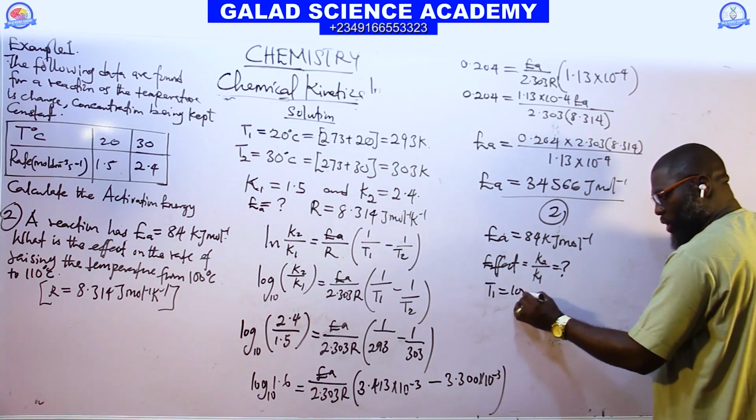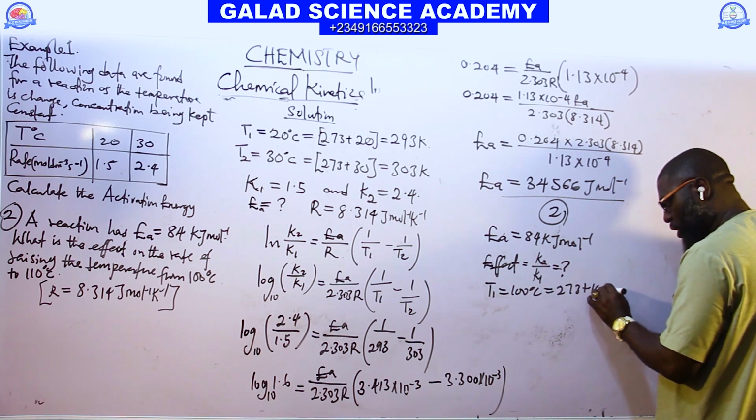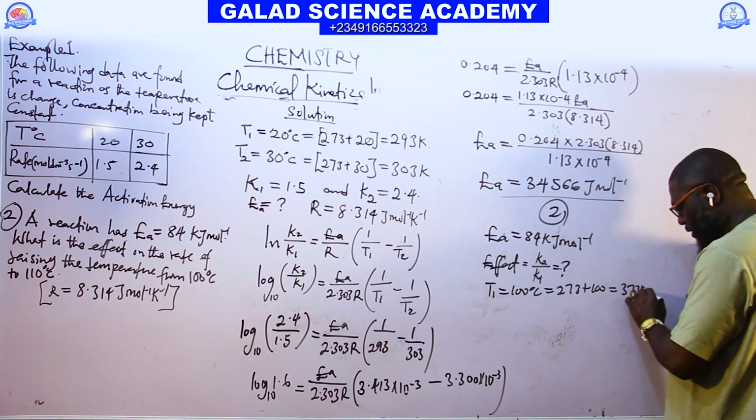T1 is 100 degrees C plus 273, which gives us 373 Kelvin.